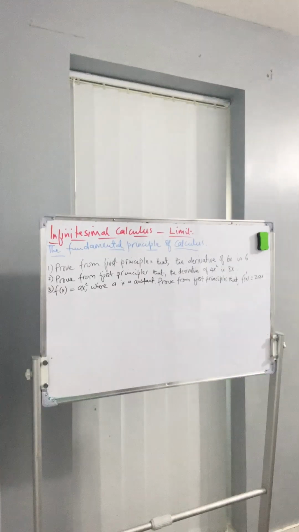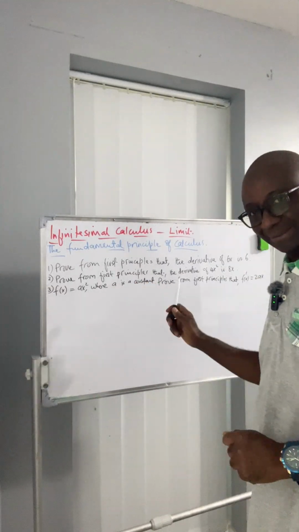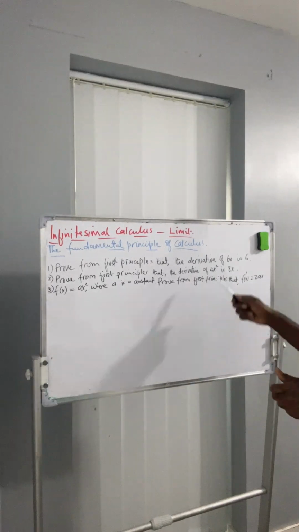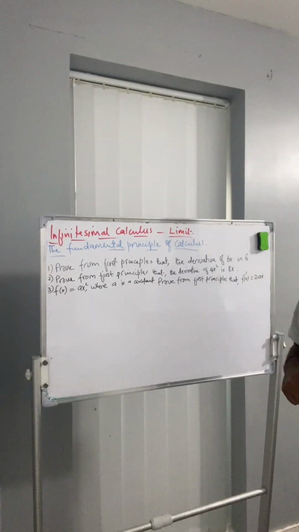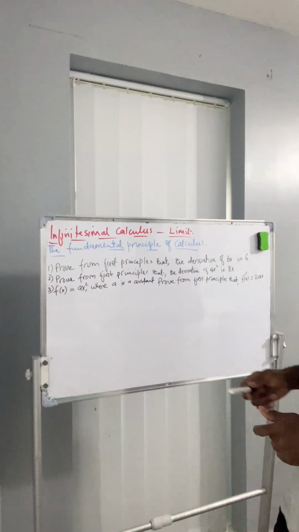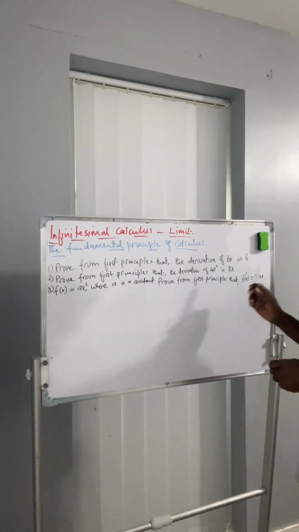Problem number 1 states: prove from first principles that the derivative of 6x is 6. Number 2 says, prove from first principles that the derivative of 4x squared is 8x.